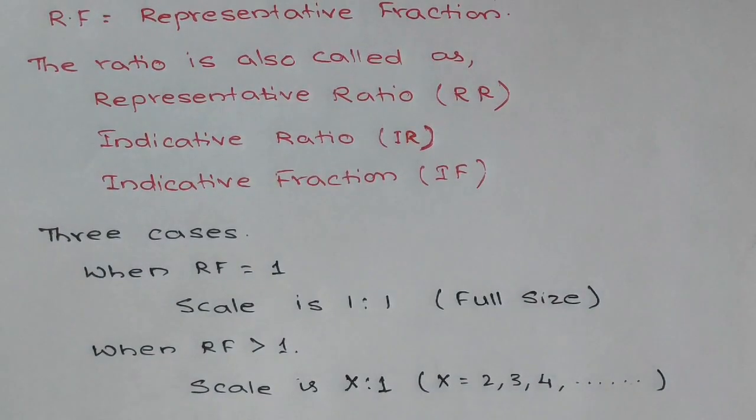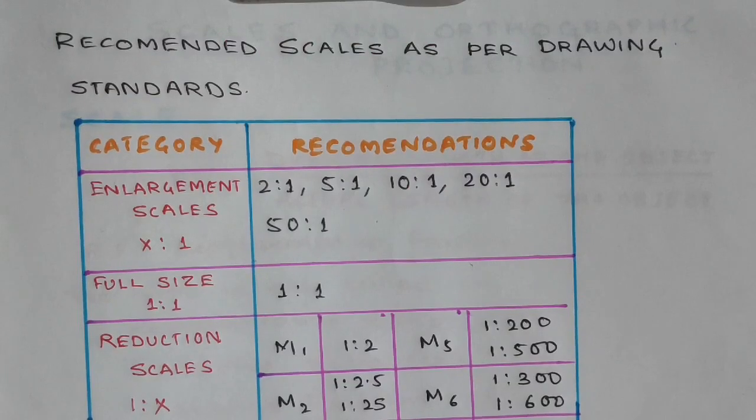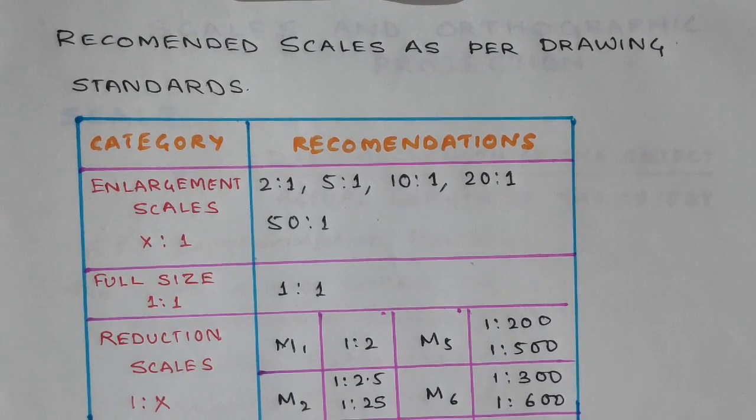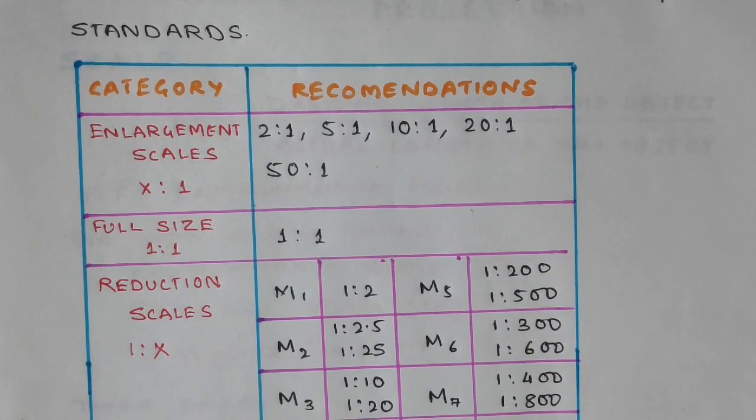Now, based on this RF value and the three cases, there are some recommended scales as per the drawing standards. So let us see these recommended scales as per the drawing standard. This table represents the recommended scales. We have three categories here. First category is enlargement scales, where it is x:1.